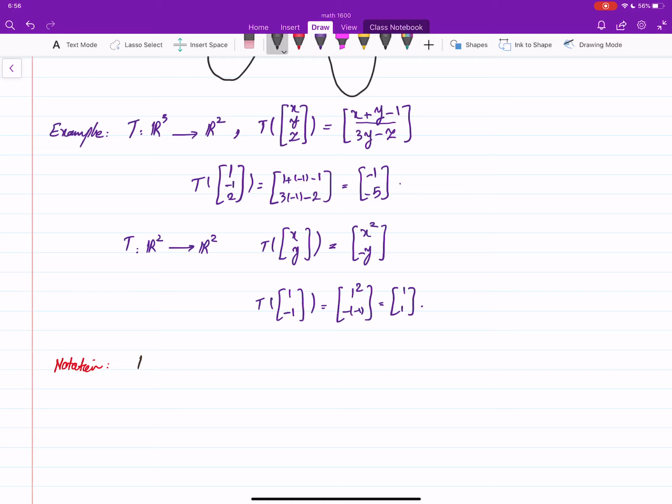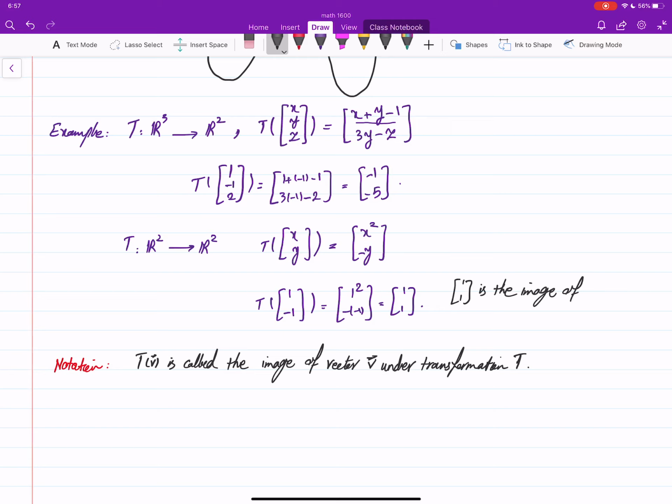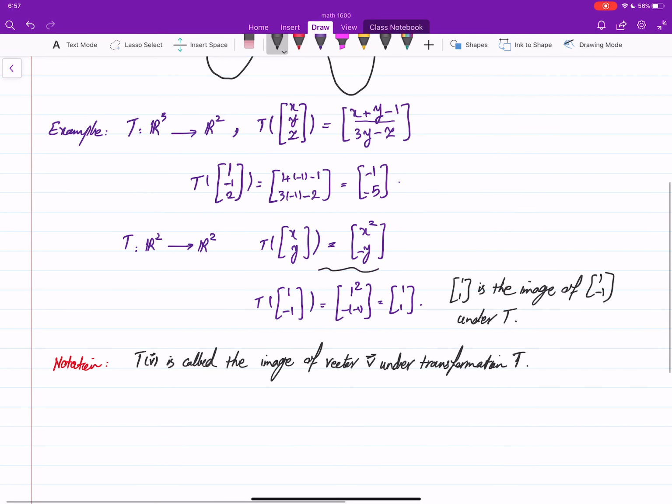Well, T at v is called the image of vector v under the transformation T. So in other words, here you see that the image 1, 1 is the image of 1, negative 1 under this transformation T that we have here also.